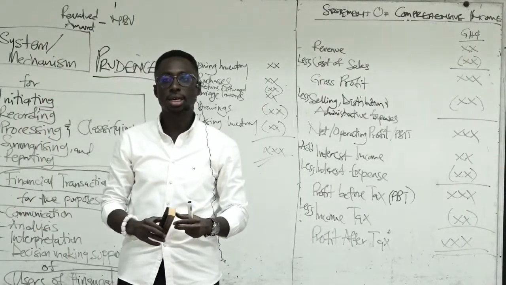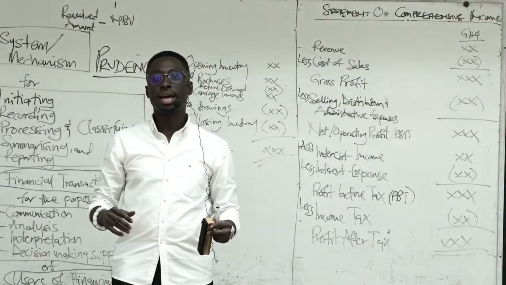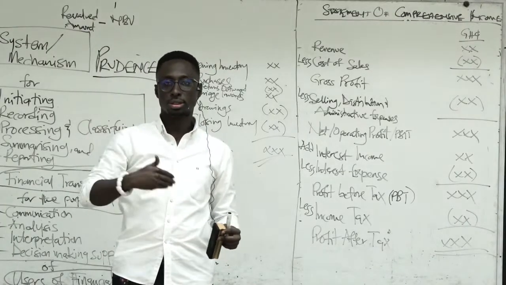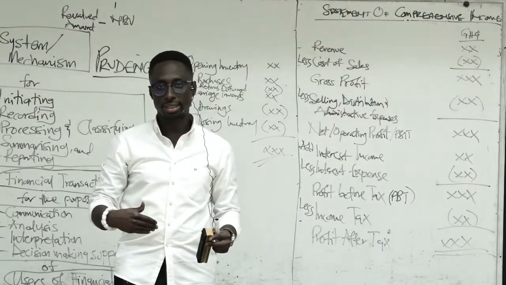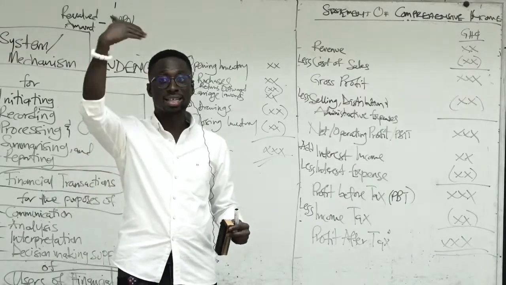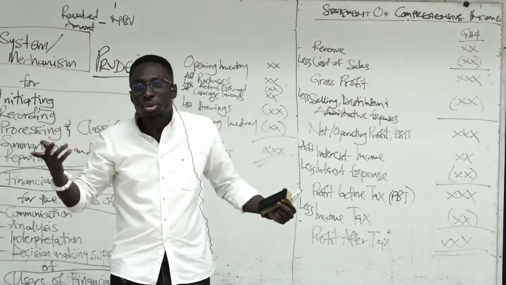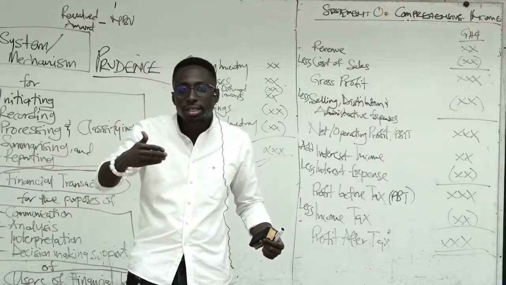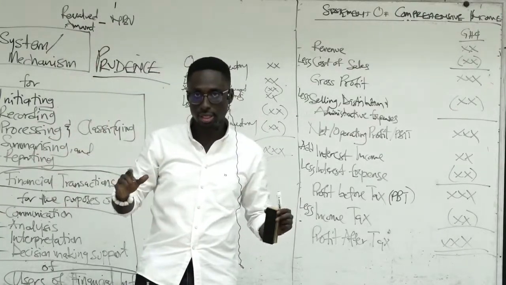So I'm saying that income is the economic flows that come into the entity, right? The various economic flows that come into the entity. That is what we call income. Break the word down. Income. It comes in, all right?